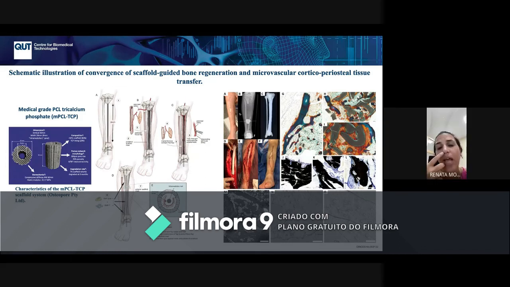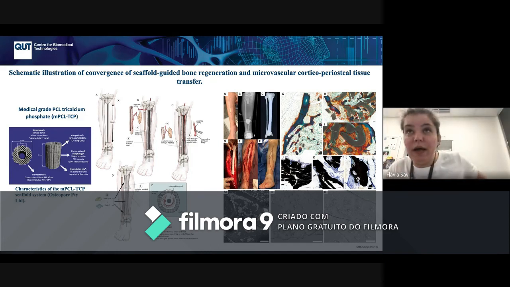So can we do the same with the scaffold? Because I always think that the scaffold is penetrating the body. Yeah, you would have to remove the entire scaffold. You wouldn't leave the scaffold there because it is already contaminated. So you would have to implant a new scaffold again and start the entire procedure again.